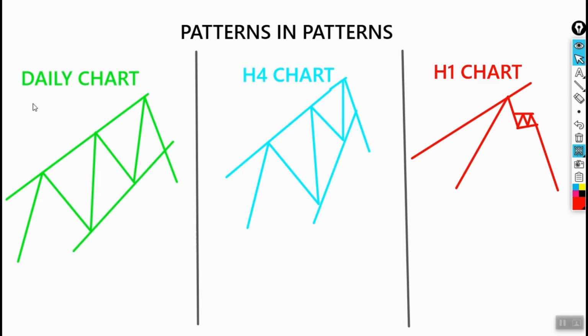So on the daily you will find sometimes an ascending channel with 3-touch confirmation, and on the third touch right here, you would go on the 4-hour and you will find this pattern here, a rising wedge, and with the rising wedge you see the third touch confirmation.